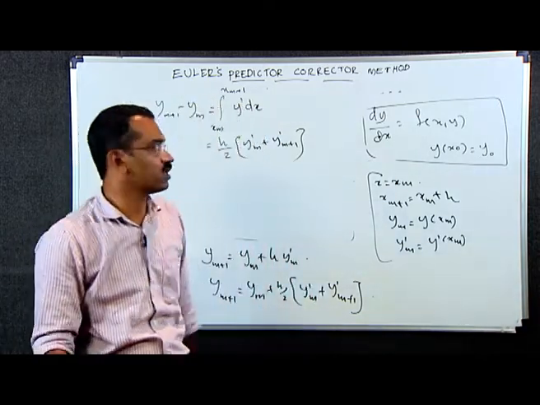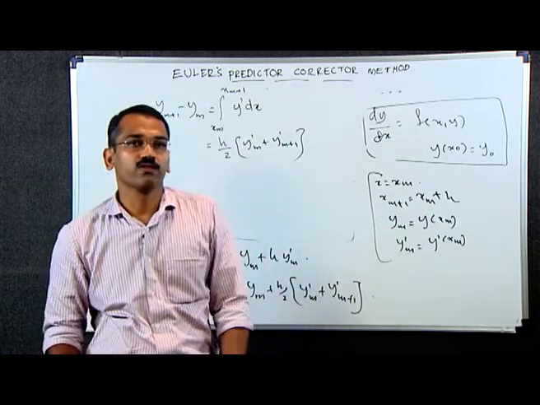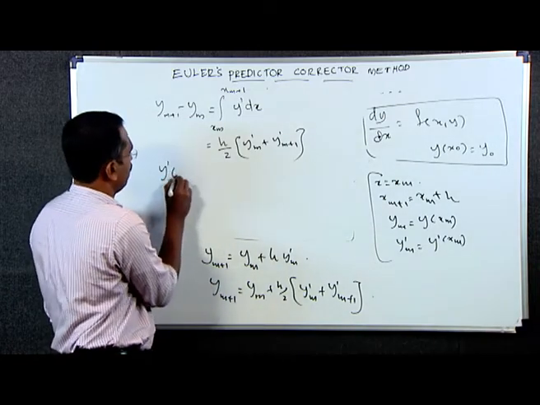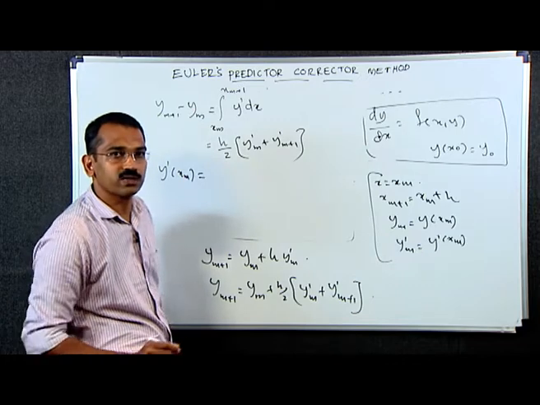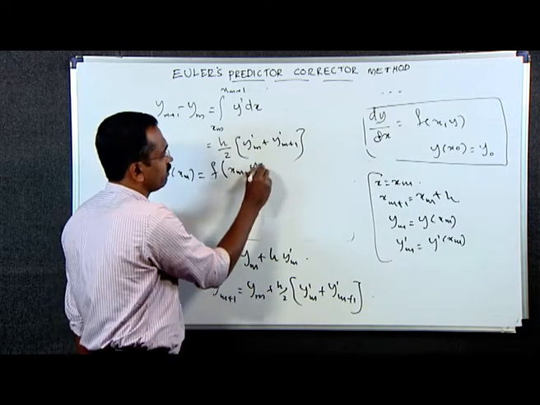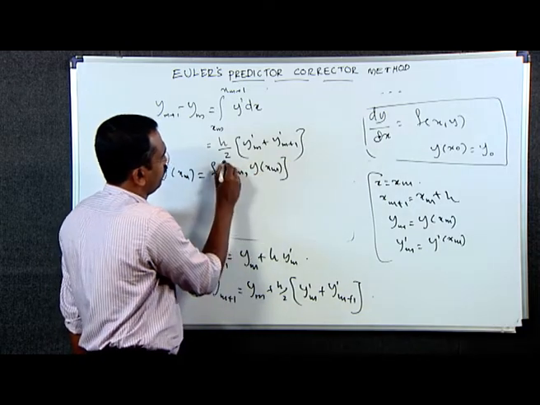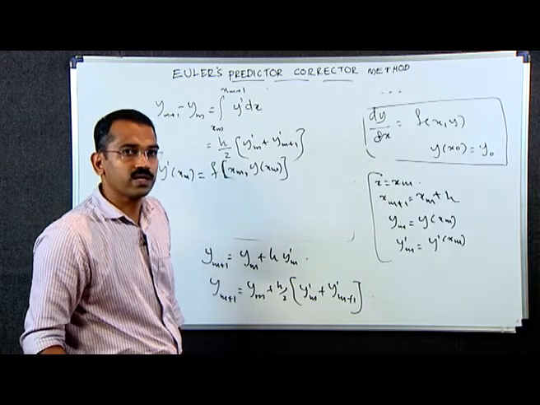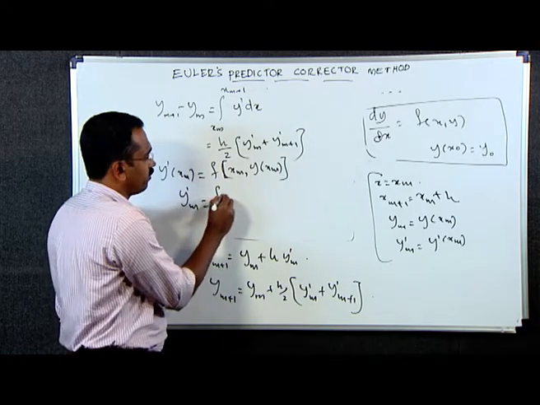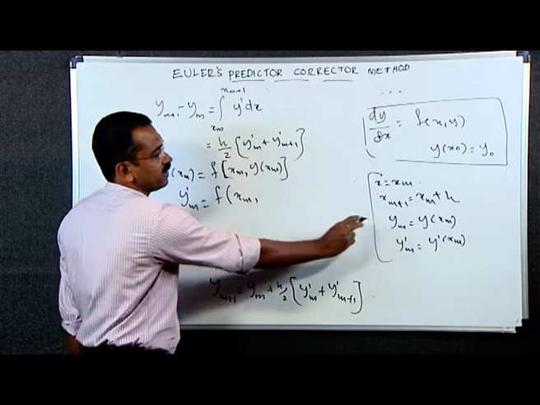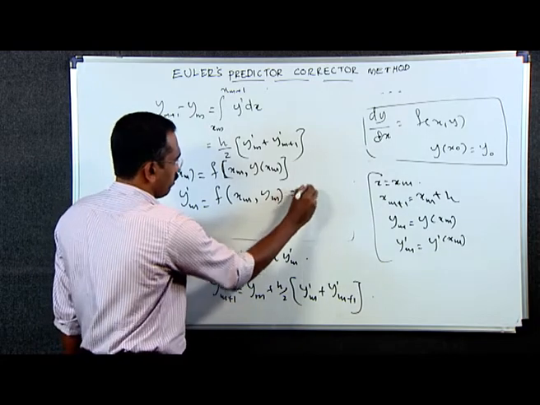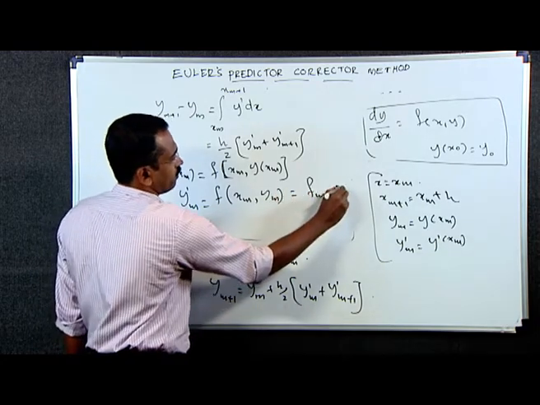Since y dash of x is equal to f of x comma y, from the given equation we can write y dash of xm is equal to f of xm comma y of xm, that is y dash m is equal to f of xm comma ym, that is equal to fm. We say this as fm.